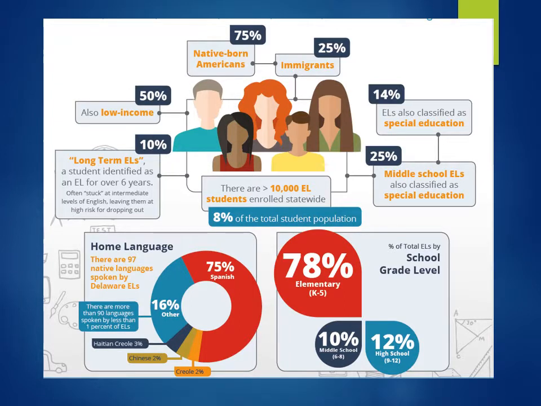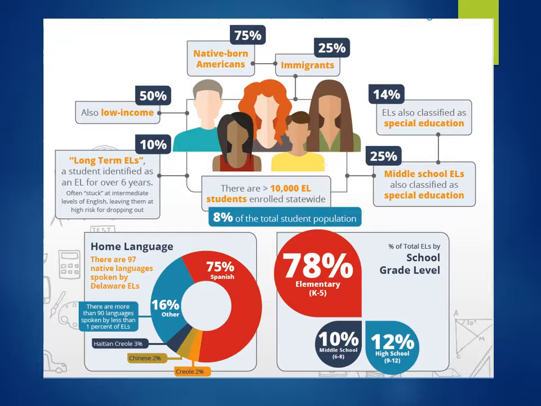So this is an excerpt from a PDF that I have posted in Module 10. This is actually State of Delaware 2017 demographic data for English language learners. For 2017, it appears that 8% on average of our total student population are English language learners. This is actually an average of a very wide range.